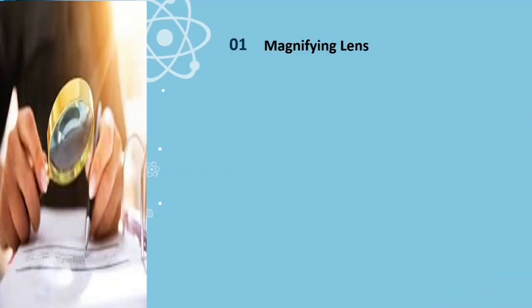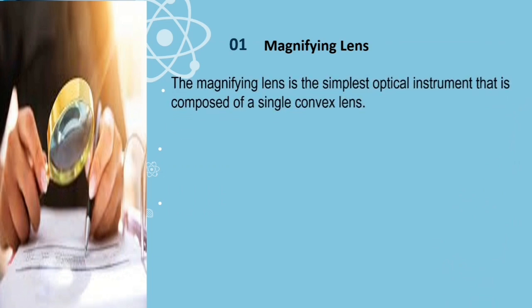Are you familiar with this picture? What is this? Correct. It is a magnifying lens. But what is a magnifying lens? Anyone? Excellent. The magnifying lens is the simplest optical instrument that is composed of a single convex lens. How about its function?